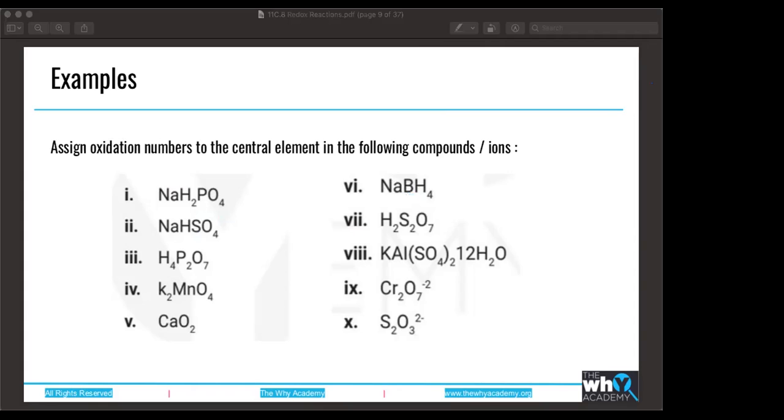Yeah, ma'am, due to the absence of d orbital, the maximum covalency in boron is 4. But wait, covalency is different than oxidation state, right? Hmm. So, again, one second.